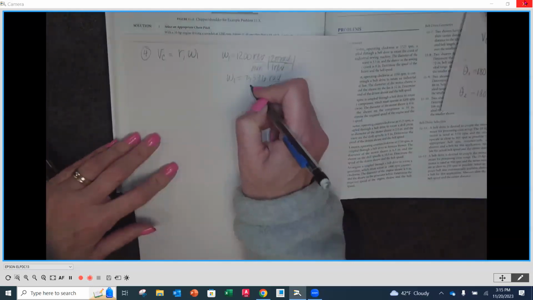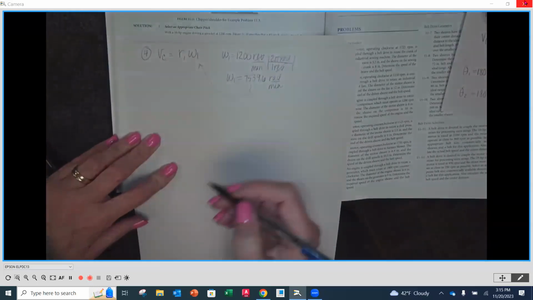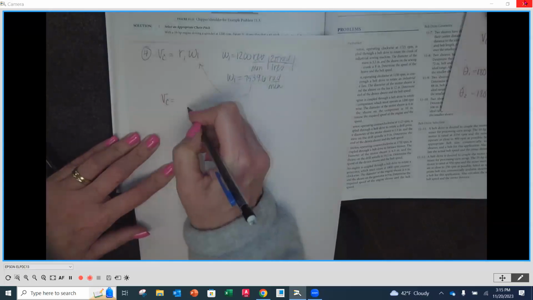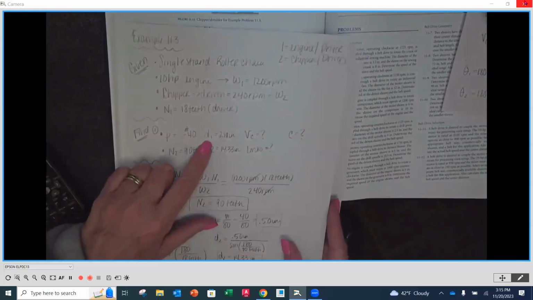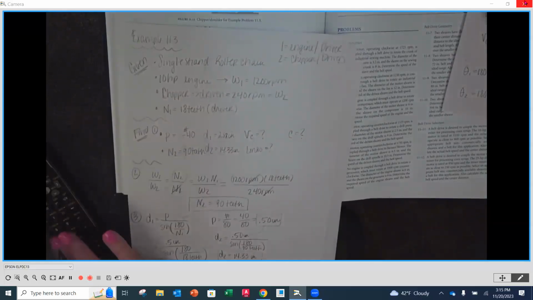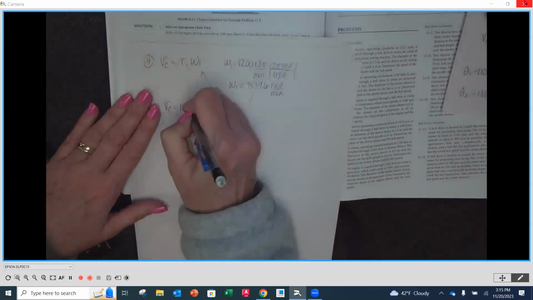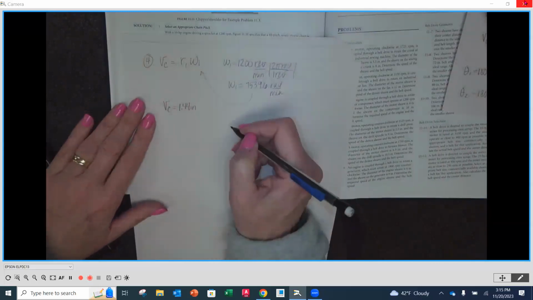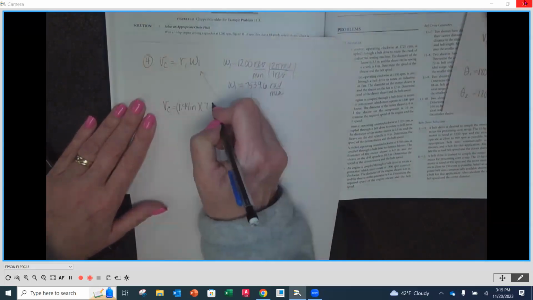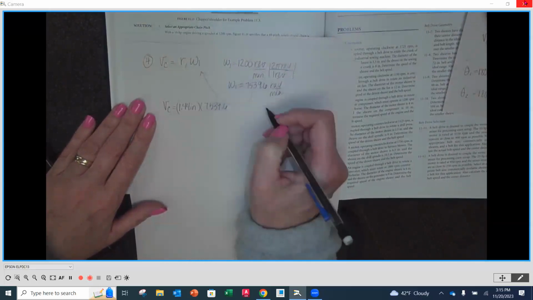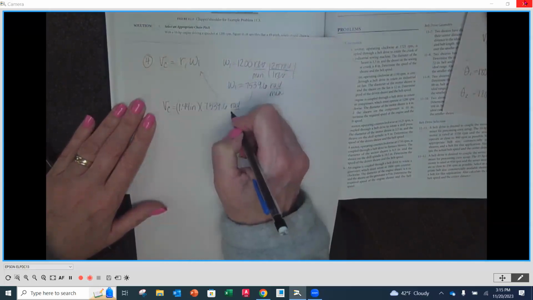So now we're going to use that number and put it up there. VC: R1 is going to be the pitch diameter for number 1 divided by 2. So 2.88 divided by 2 is 1.44 inches, times 7,539.6 radians per minute.